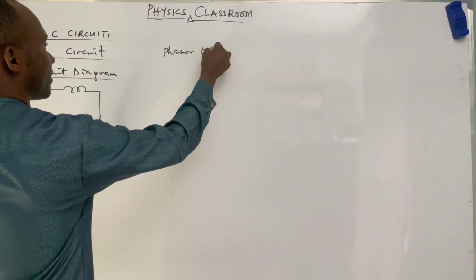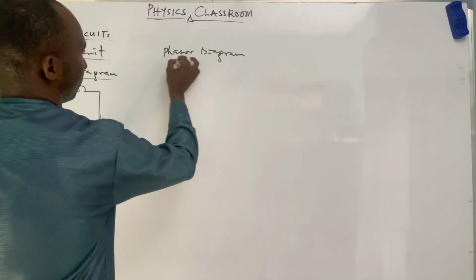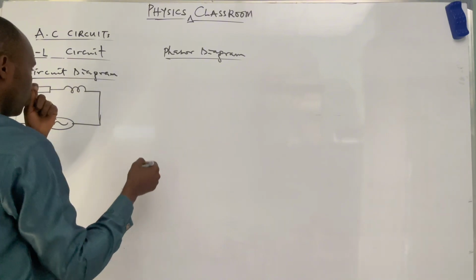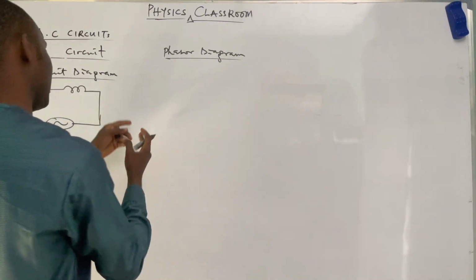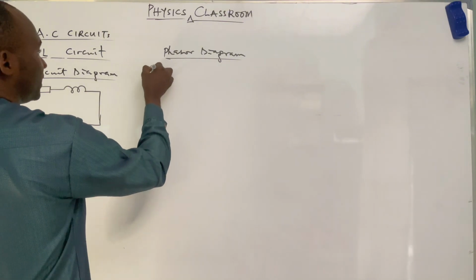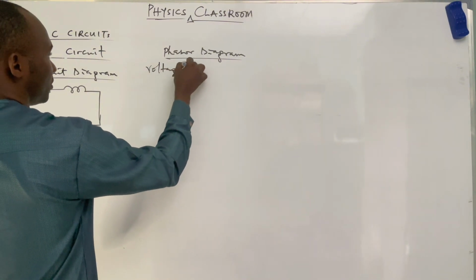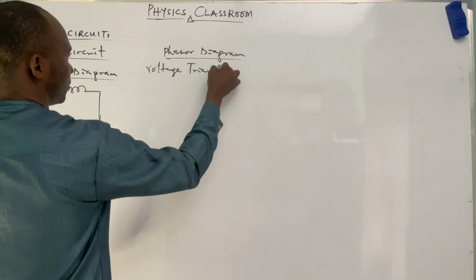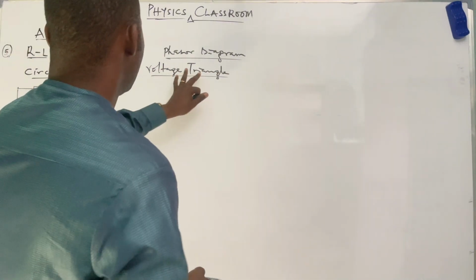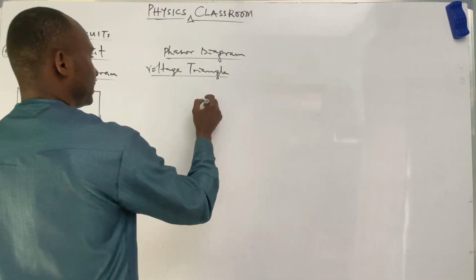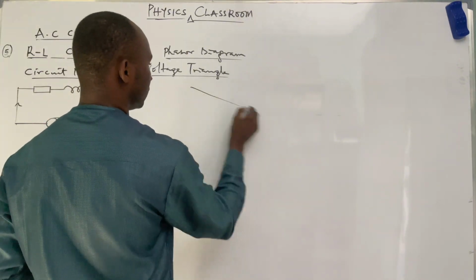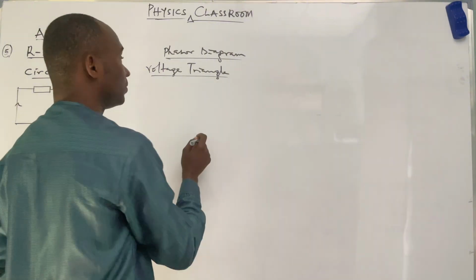The phasor diagram will take the form of the voltage triangle and the impedance triangle.